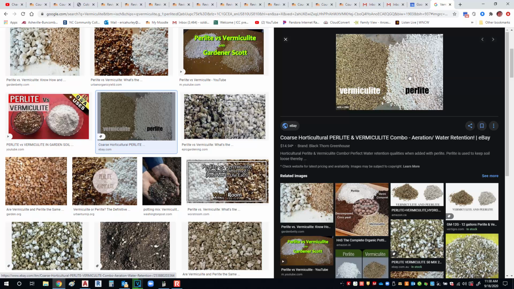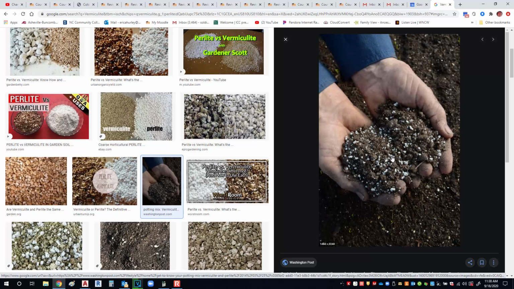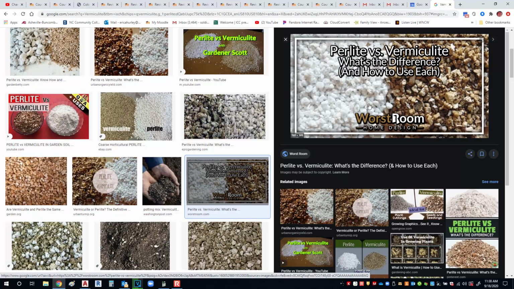You see perlite and vermiculite a lot in soils. If you buy potting soil, that's what you'll see right there. The white is perlite and the brown is the vermiculite. If you want to research the differences, knock yourself out.